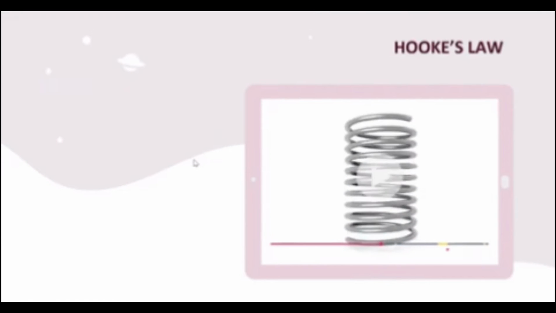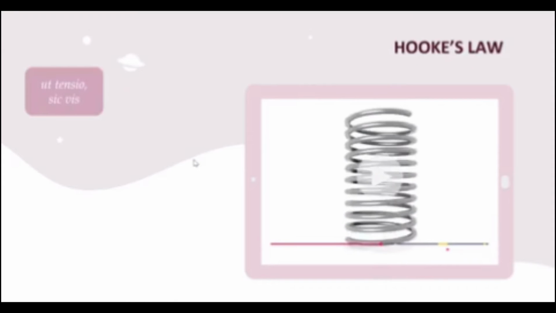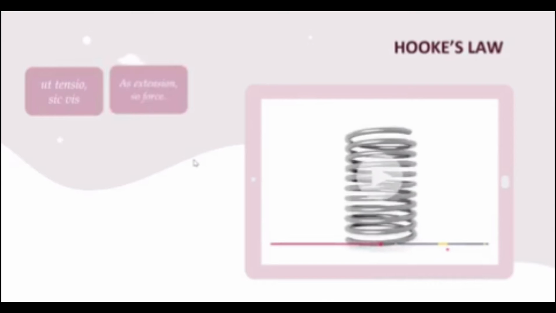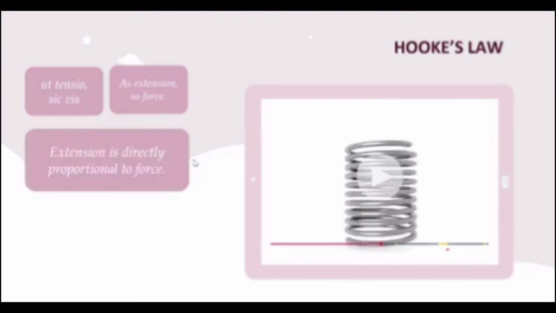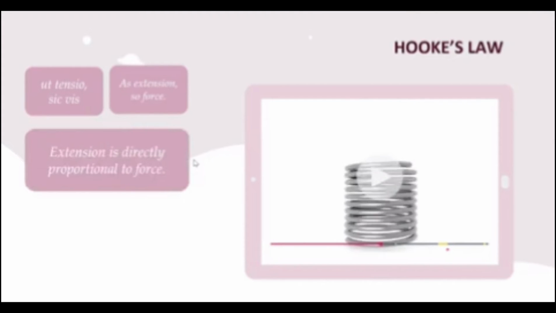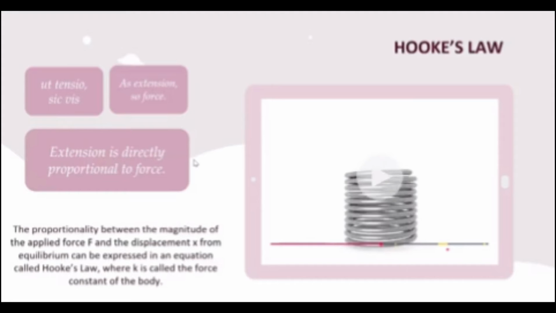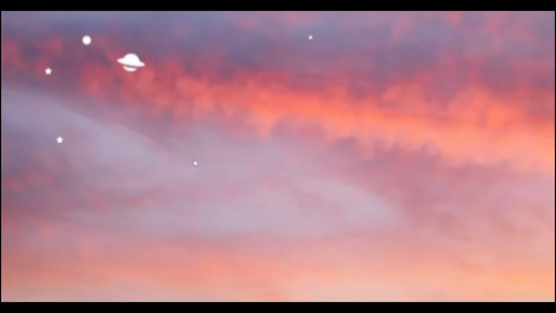From a Latin phrase, which can be translated literally as extension, so force, or translated formally as extension is directly proportional to force. Most likely, we'd replace the word extension with the symbol delta x, force with the symbol F, and "is directly proportional to" with an equal sign and a constant of proportionality k.